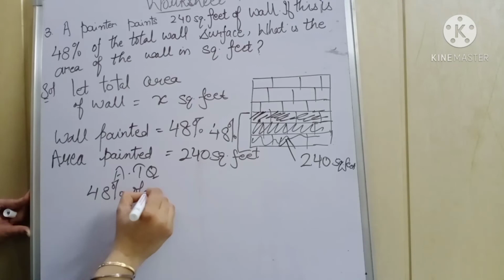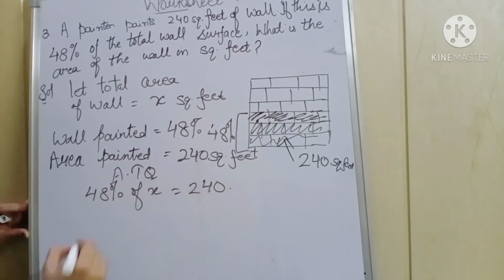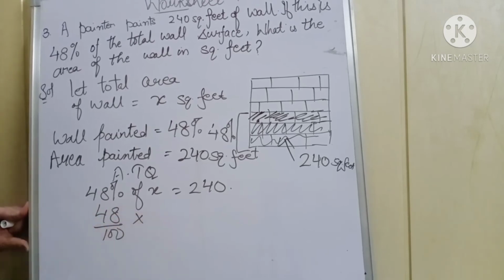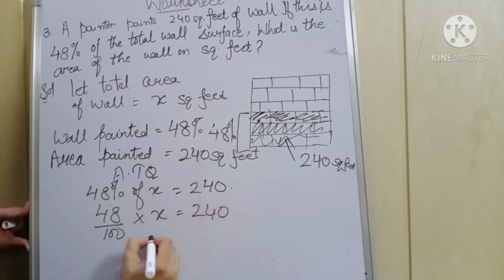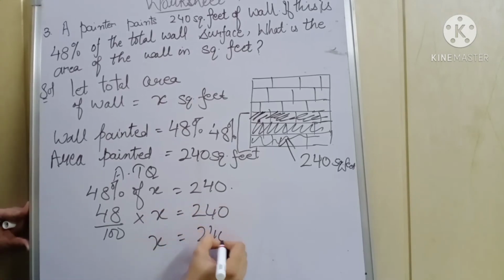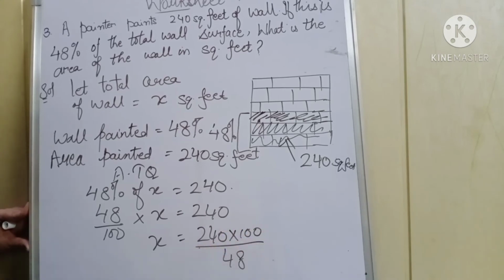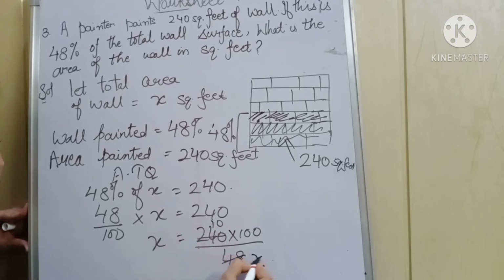48% of x is equal to 240. 48 upon 100, of means multiply, X is equal to 240. X is equal to 240 into 100 by 48. 2 ones are 2, 2 fives are 10.